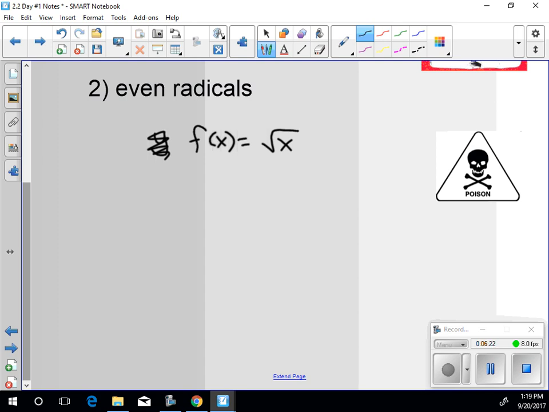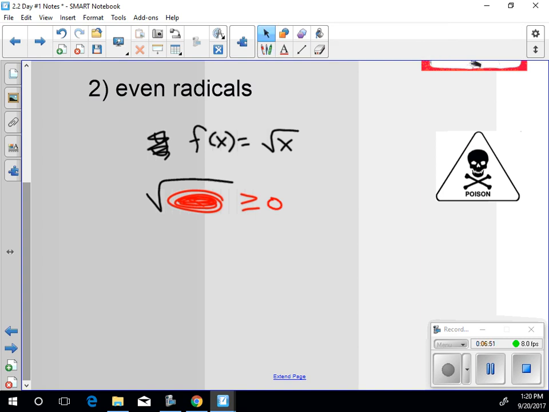Negative numbers. So what we don't want here is for this item, what we call the radicand, this thing in here, needs to be greater than or equal to 0. Otherwise, our calculator is going to freak out, right? Just like you do when your brand new Chucks have a little scuff on them. Okay, that has to be greater than or equal to 0.